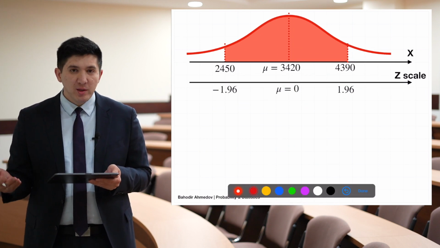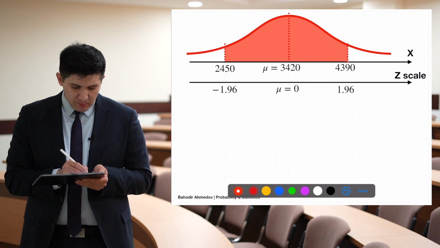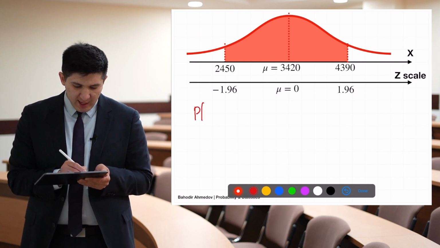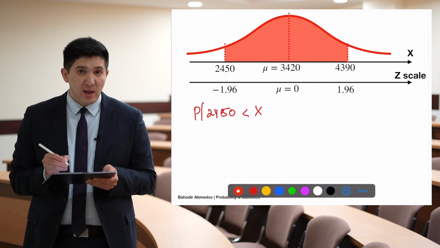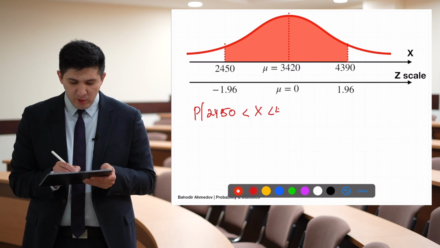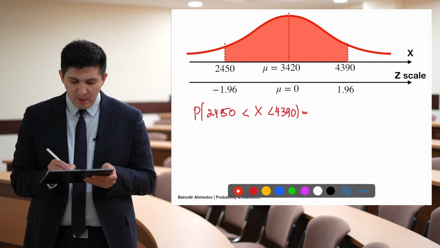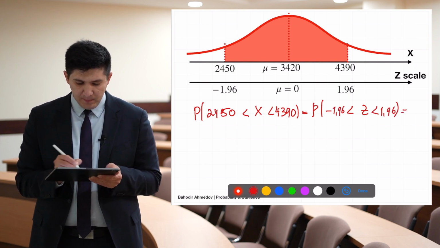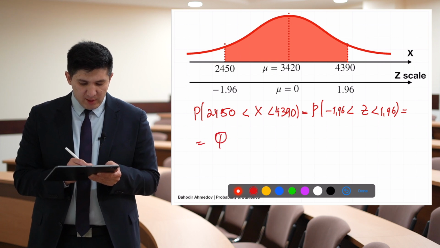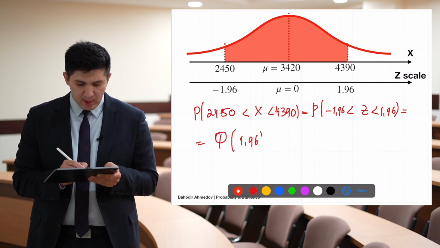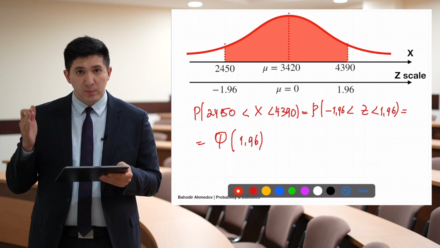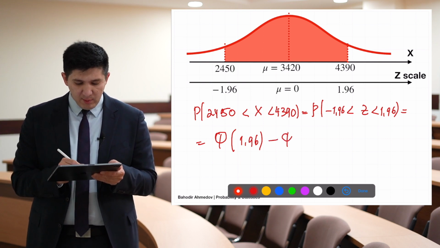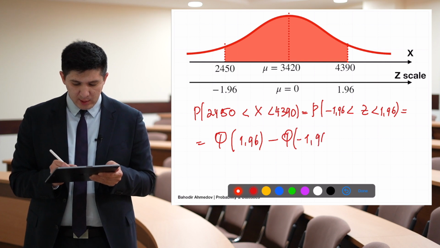So what we have to do is go to the cumulative standard normal distribution table and find the probabilities. The probability that x is between 2,450 and 4,390 is the same as the probability that z is between minus 1.96 and 1.96. And it is equal to phi of 1.96 minus phi of minus 1.96. It's the area up to 1.96 minus the area up to minus 1.96.